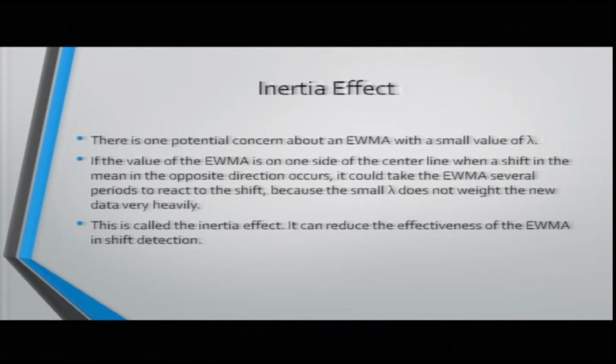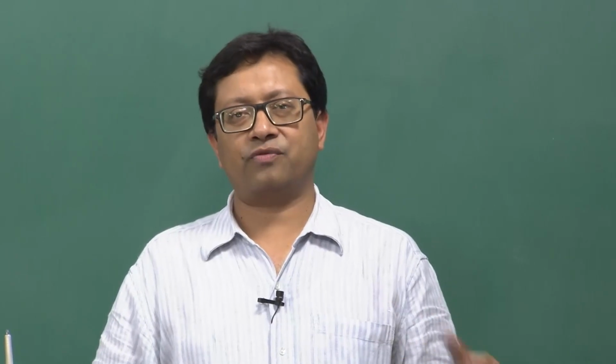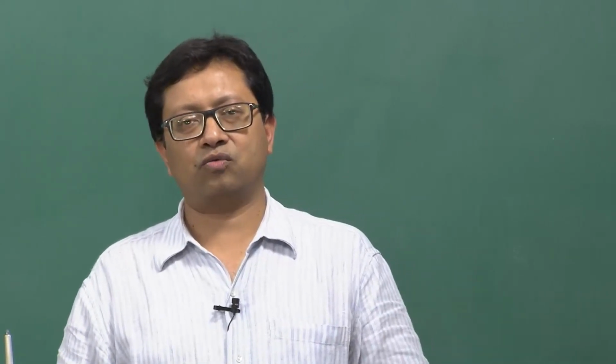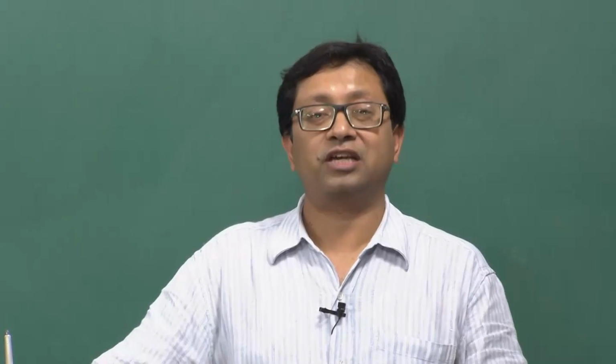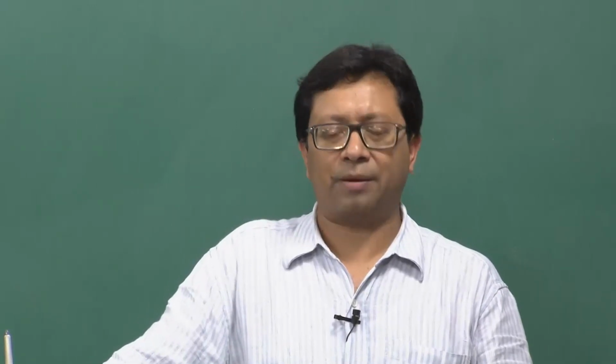There is one potential concern about the exponentially weighted moving average, which is small values of lambda. Lambda, if you remember, is the weight. The weights I put on the past data mean how slow or fast the convergence would occur, and the rate of change of the upper control and the lower control limits.